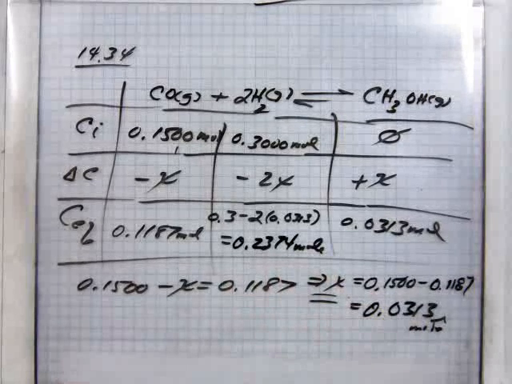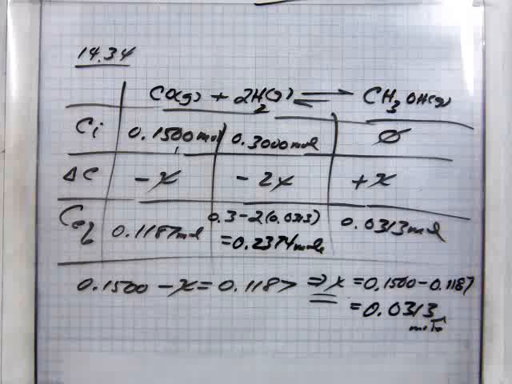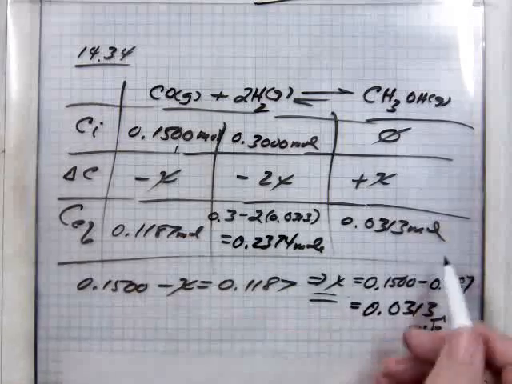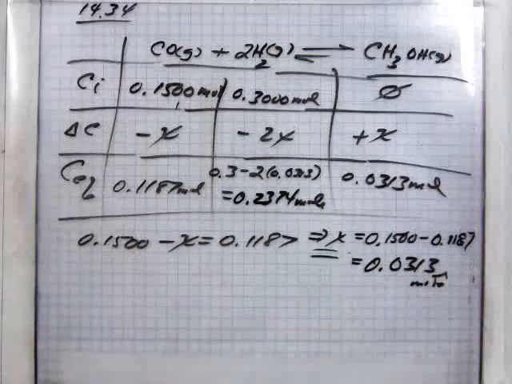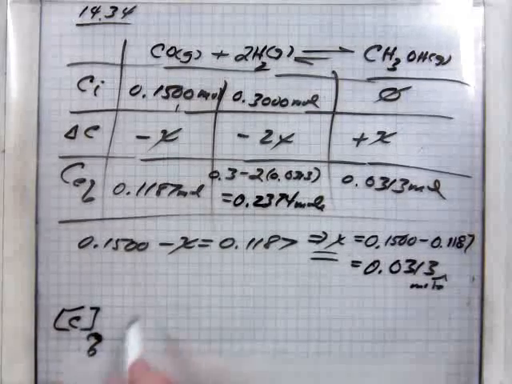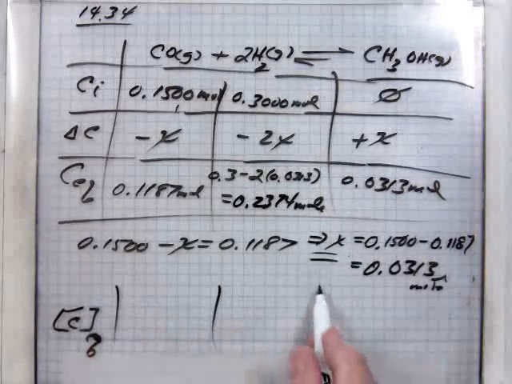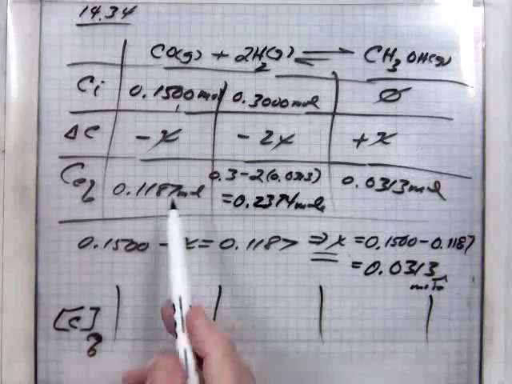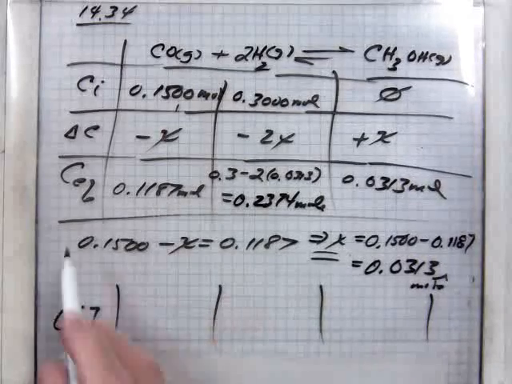And they give each one in terms of a 1.5 liter vessel. So these are the moles, but the molar concentrations at equilibrium for each one would be a result of dividing by 1.5.